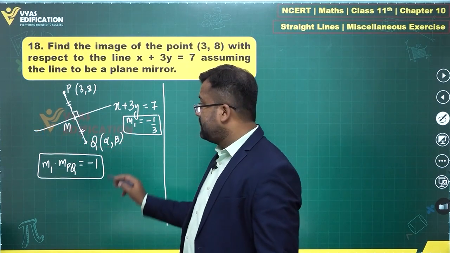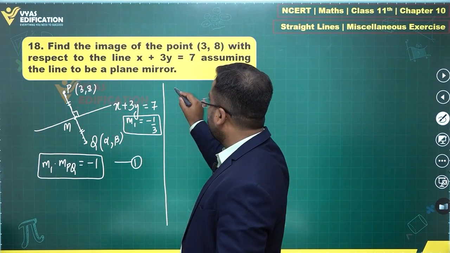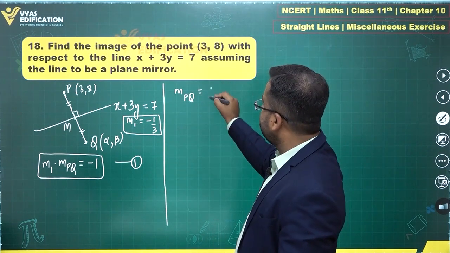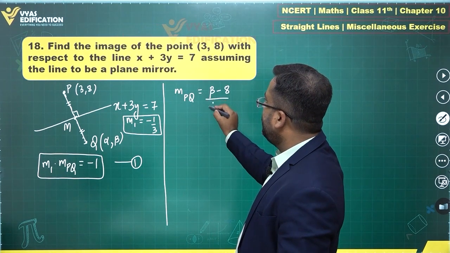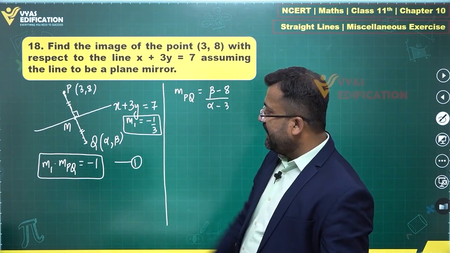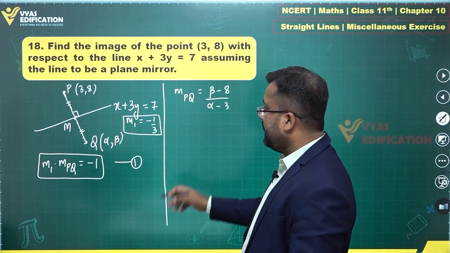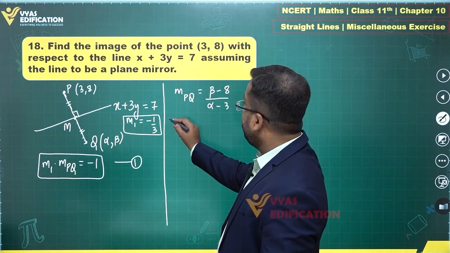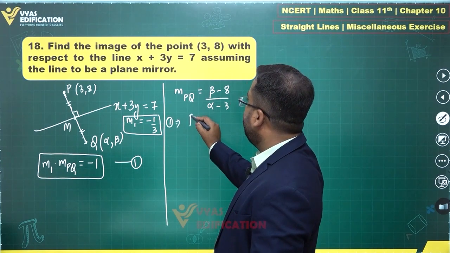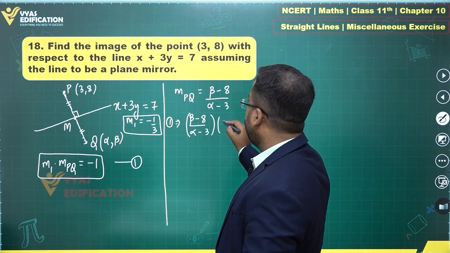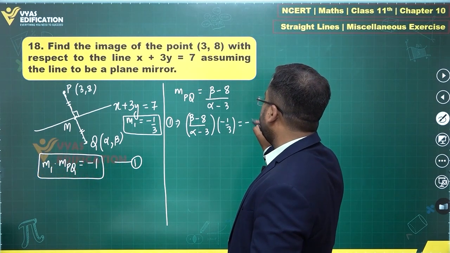For this, we'll need m of PQ. Let's find it first. m of PQ is pretty simple. It is (beta - 8) upon (alpha - 3). I can multiply that with m1, which is -1/3, and make the product -1, and I'll get one relation between alpha and beta. So (beta - 8)/(alpha - 3) times (-1/3) is equal to -1.